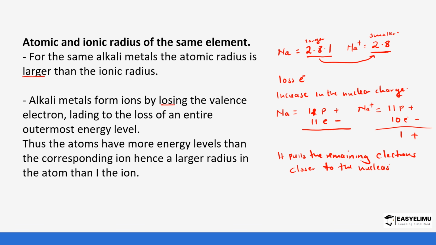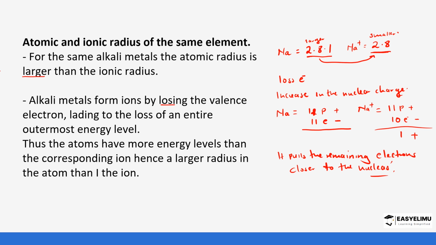You can be told to explain the two reasons why the atomic radius is larger than the ionic radius. The first thing we said is the atomic radius has more energy shells than the ion. For example, sodium has three energy shells, while the sodium ion has two.